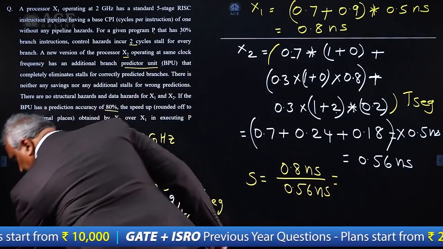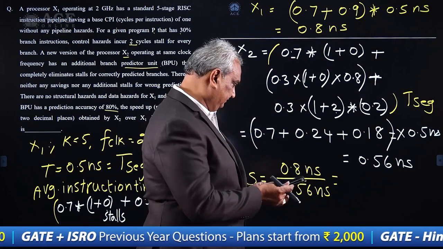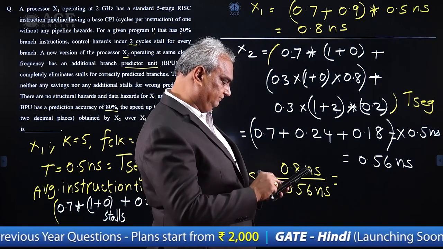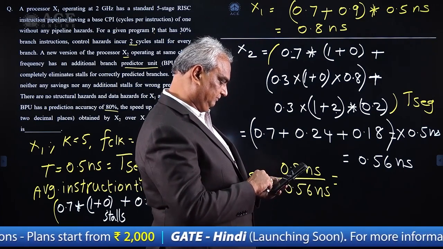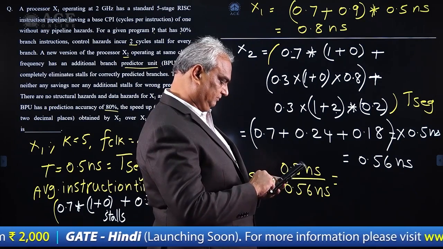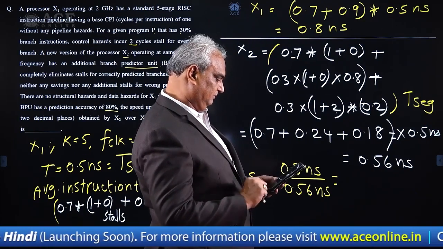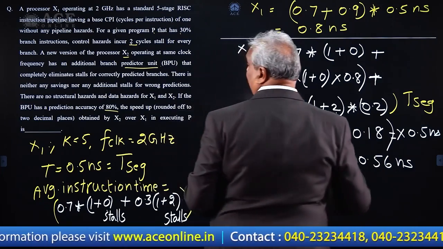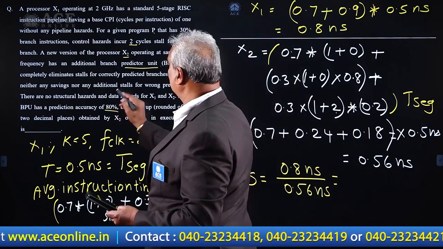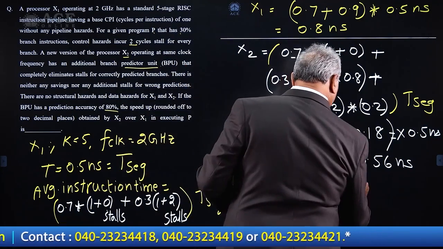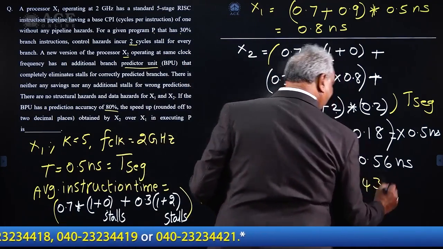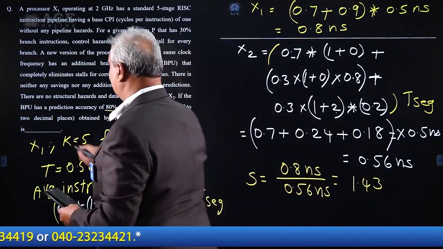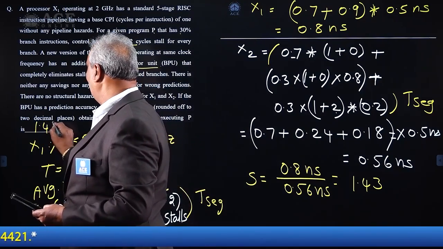So finally, the correct answer is 1.4285, like that. He asked to round off to 2 decimal places. That's why 1.43. So the final answer is 1.43.